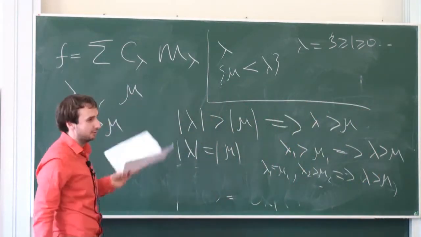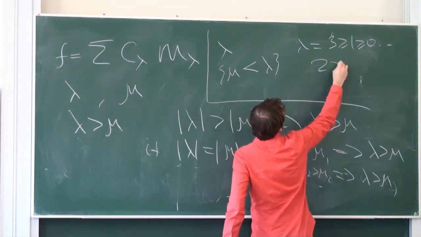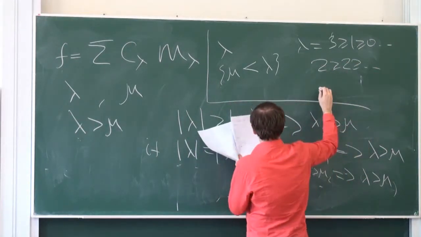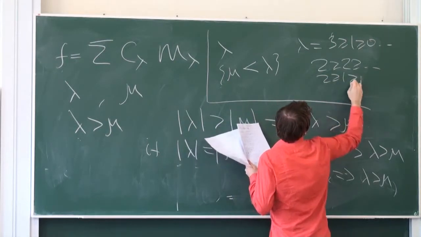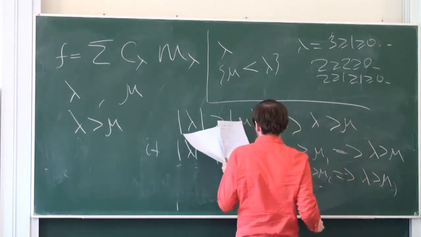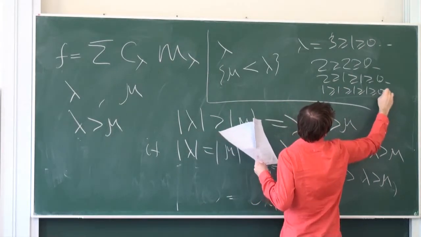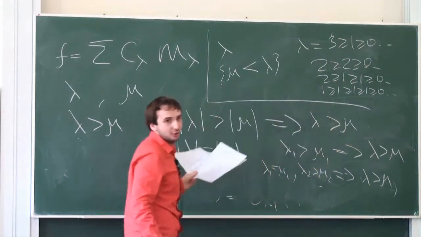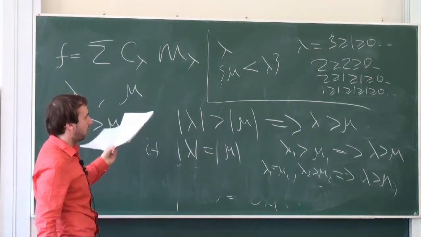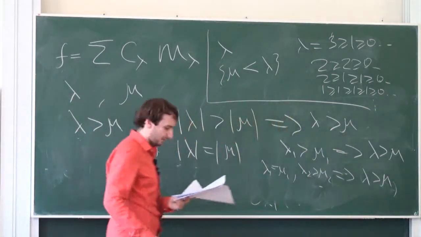What are all the partitions which are smaller than that? There are not many of those: (2, 2), then (2, 1, 1), then (1, 1, 1, 1), and also all the partitions of degree less than 4. I won't write them down. Hope that everybody can do that.